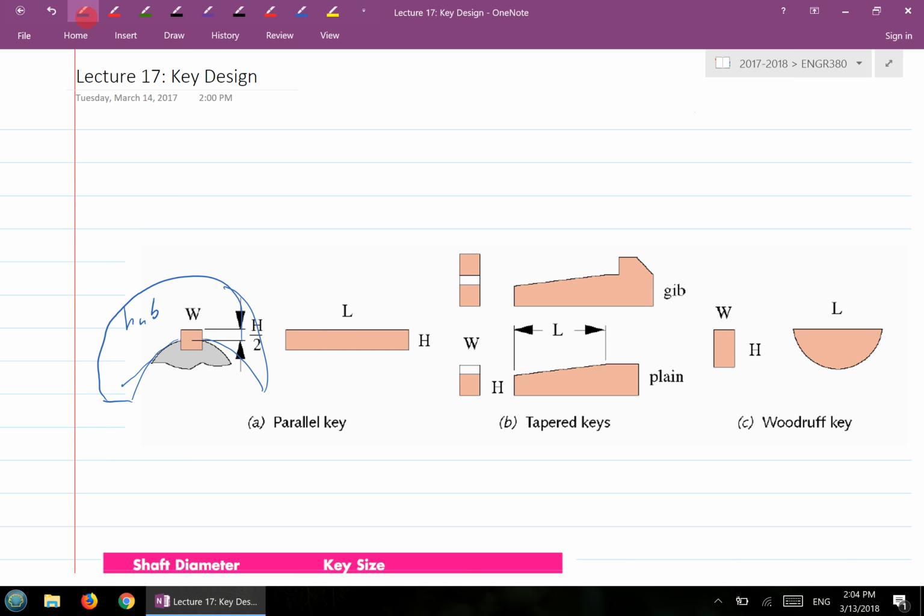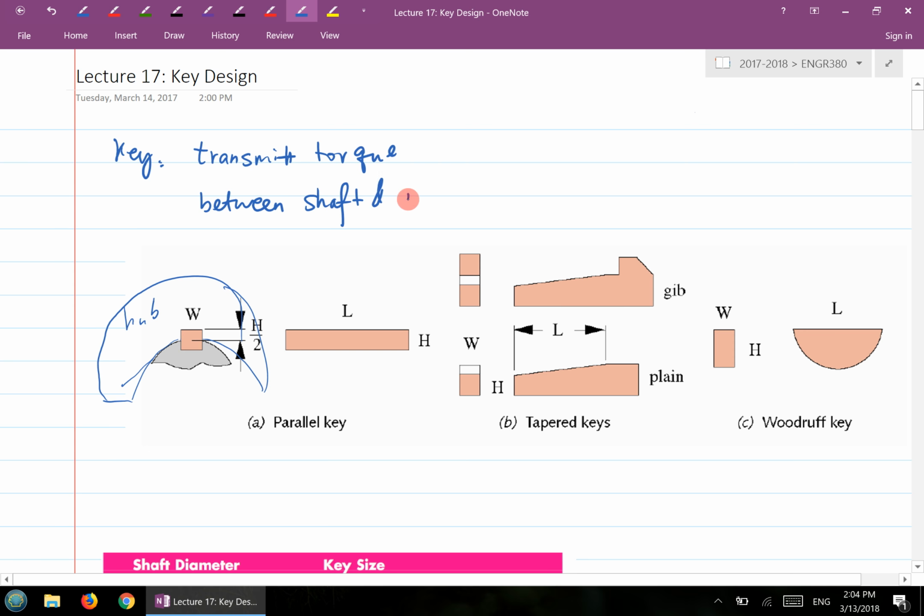So the function of the key is to transmit the torque, and the key is typically between a shaft and the hub. That's the functionality of the key.